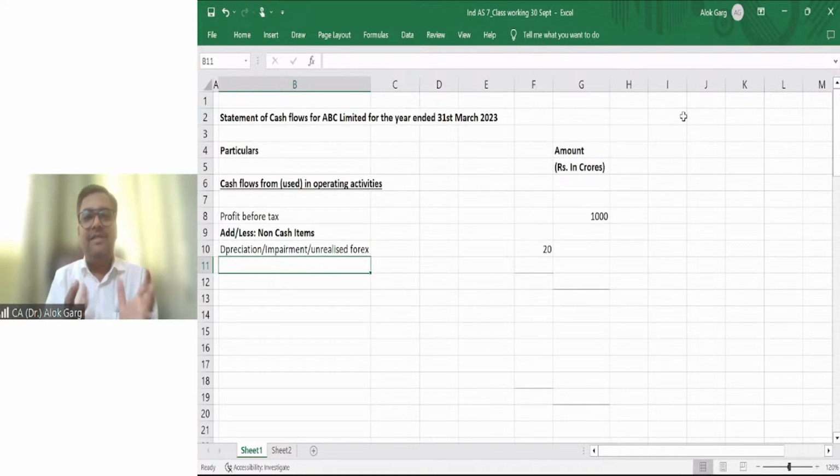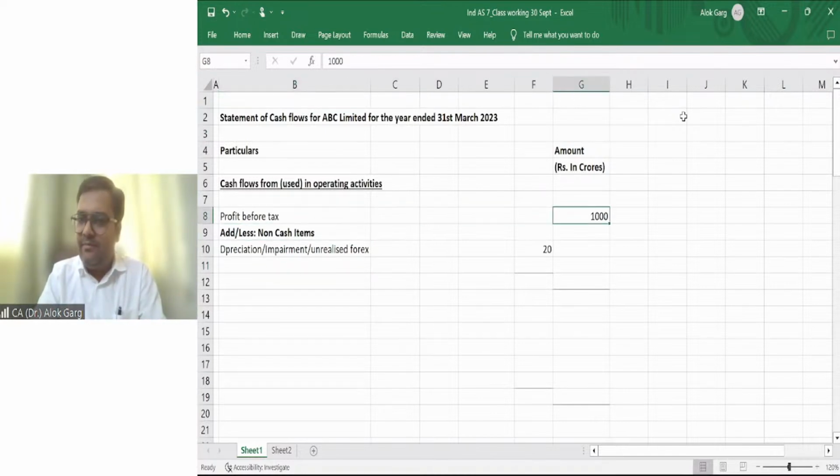Friends, this interest received is part of your profit before tax, right? When you prepare your statement of profit and loss, you start with revenue from operations, other income, total income, then your purchases, cost of goods sold, which is then your expenses, right? Then your depreciation, finance cost, interest paid, then your profit before tax, tax, profit after tax. So this is how you arrive at profit.